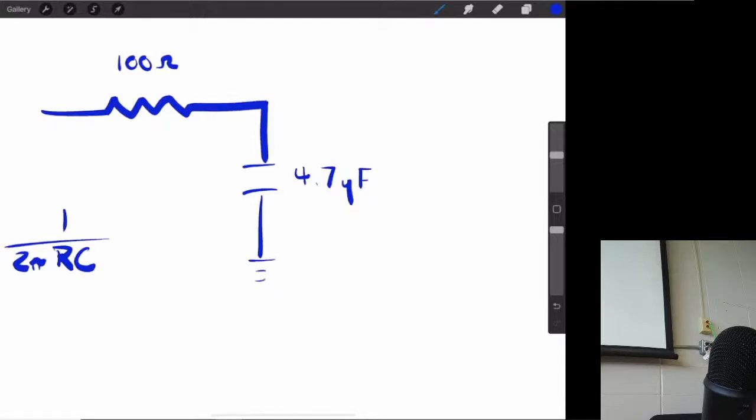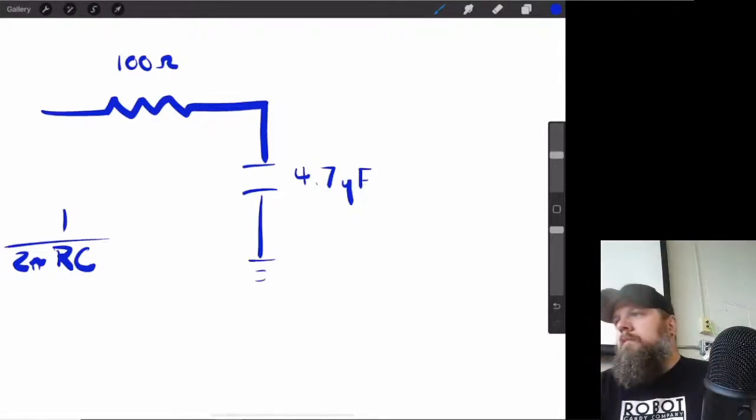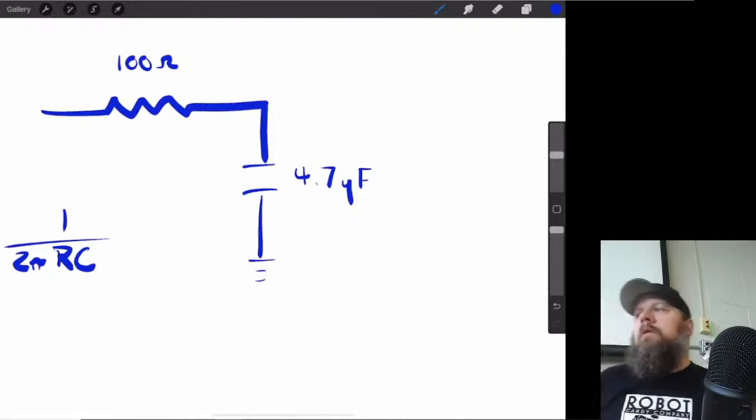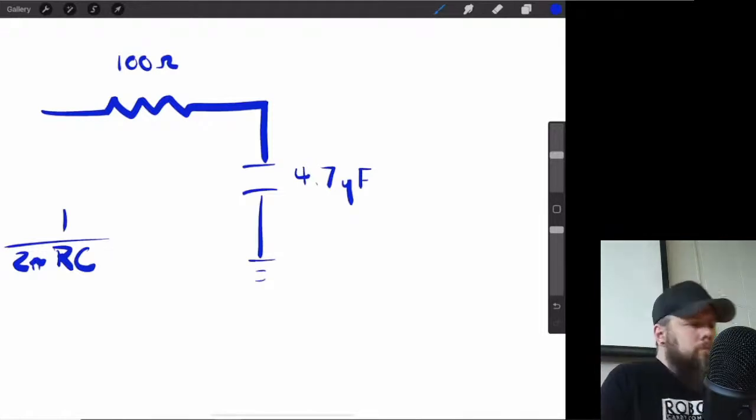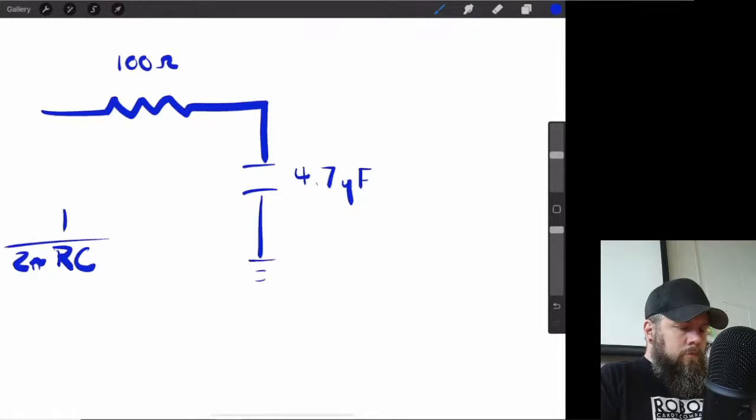It went blank. You want us to get the microfarads and farads?